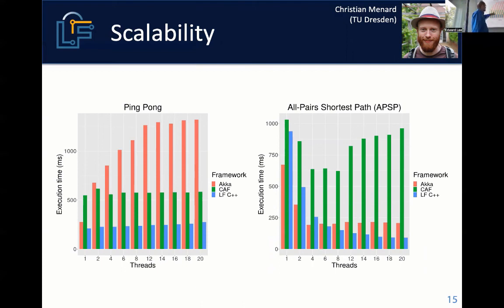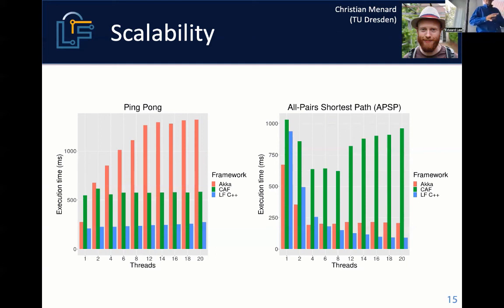And our implementation stays pretty steady, whereas ACA degrades. The blue is Lingua Franca, the Lingua Franca C++ target. And here's one where CAF does rather badly as you add cores. ACA does really quite well, better than we do. But ACA stops scaling at about 8 threads, whereas we continue to decrease.